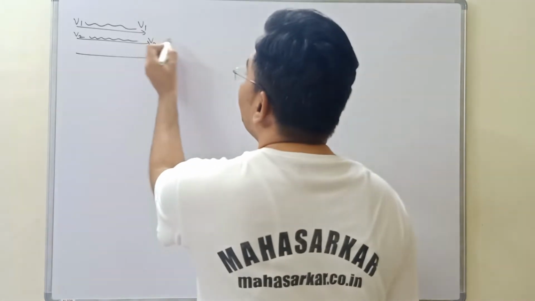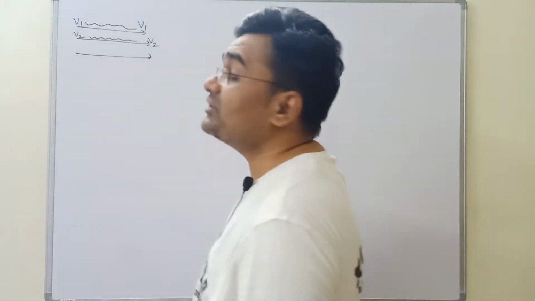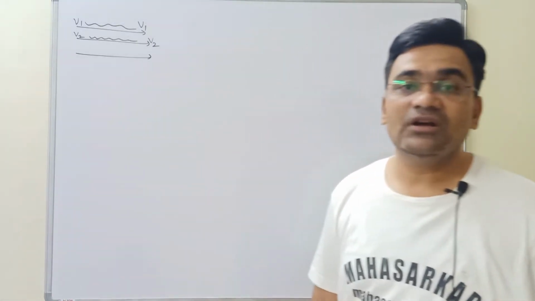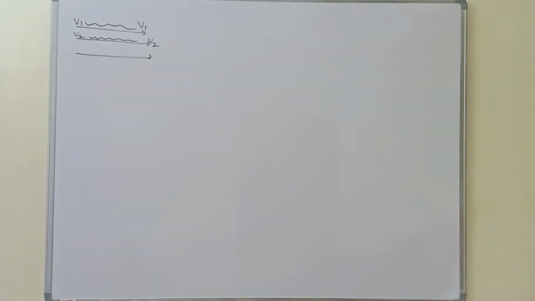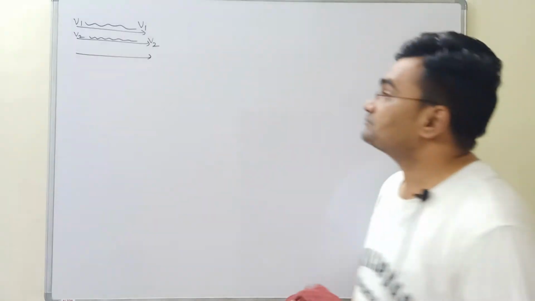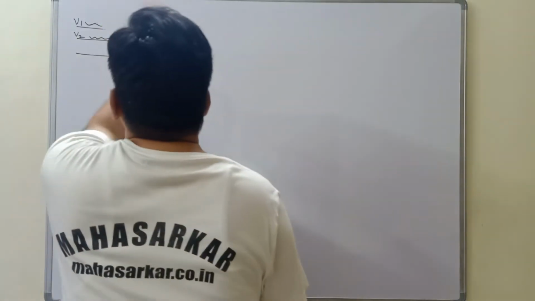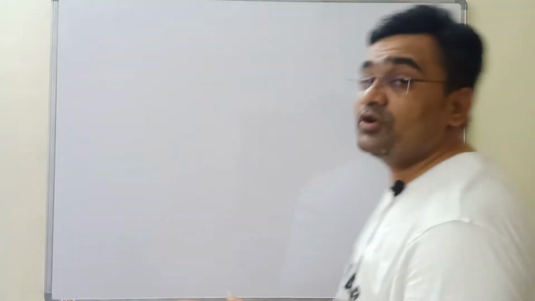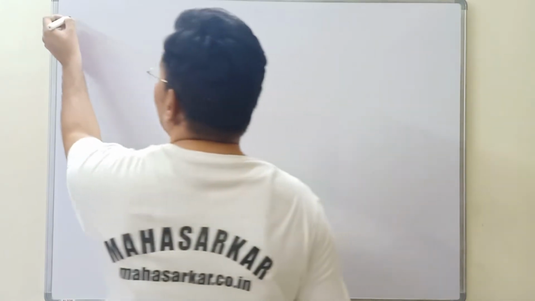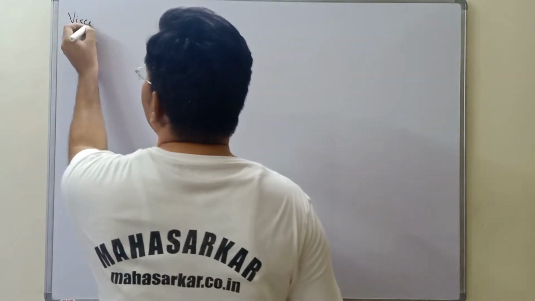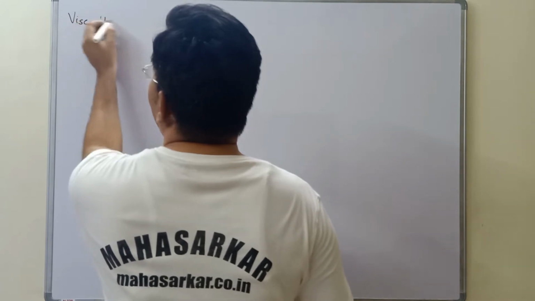Whereas if the velocities of the liquid do not remain constant throughout, then we call it what? Turbulent flow. The ability of liquid in which different layers of liquid exert a force because of which the relative motion of liquid layers gets opposed, we call it what? Viscosity. So if you remember, we have learned about viscosity also. What is viscosity?